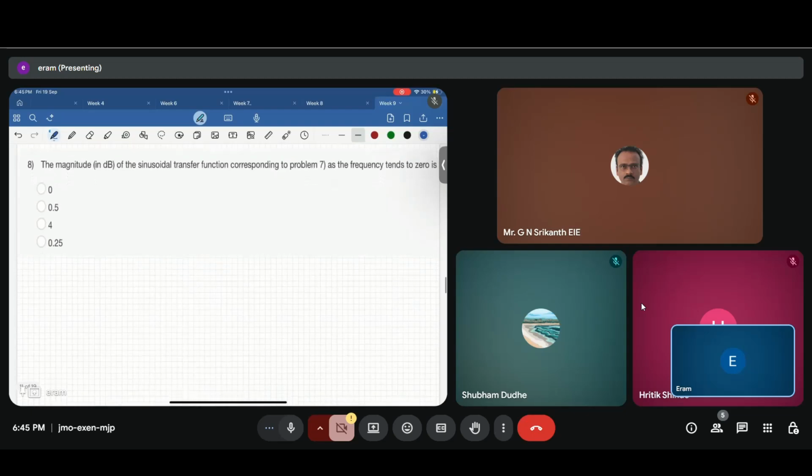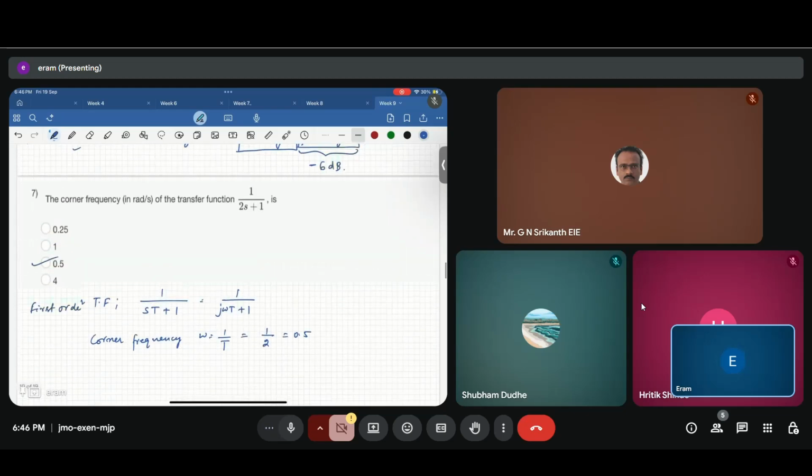Okay, find the magnitude of the transfer function as the frequency tends to 0. The transfer function P of j omega was 1 by 2 j omega plus 1, right?